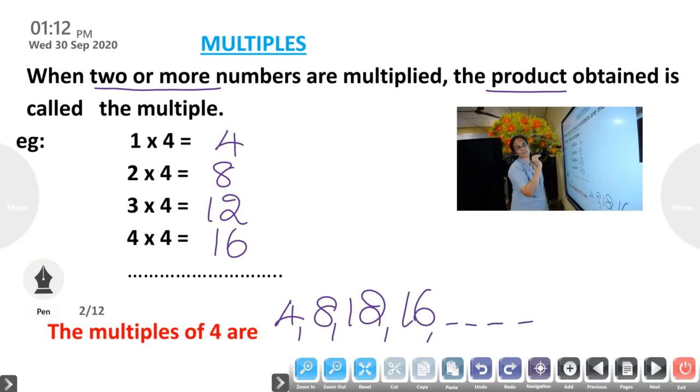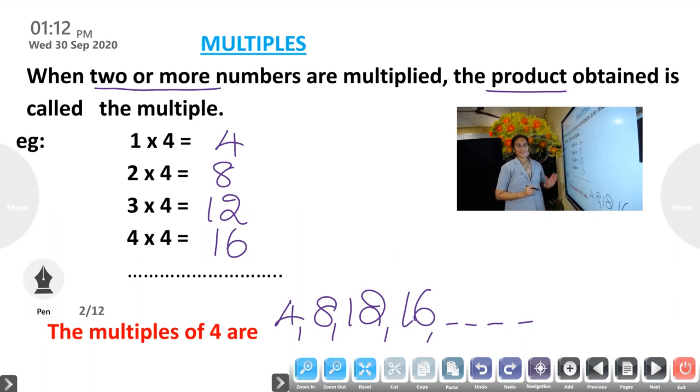See, the product is called the multiple. So this 4 is the product, 4 is the multiple. Here 8 is the next product. So the multiples of 4 are 4, 8, 12, 16, etc. You are getting these multiples from the multiplication table of 4, isn't it?